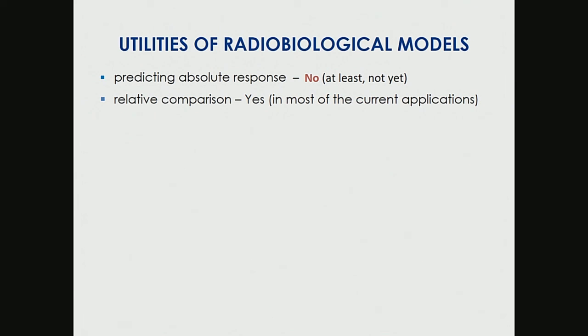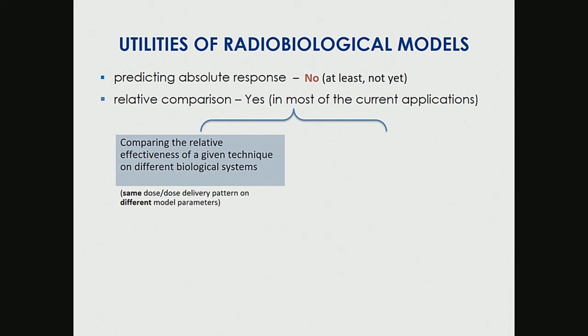On a more general level, you can consider the applications in two groups. In one group, we can use it to compare the relative effectiveness of a given treatment on different biological systems. In this case, the dose delivery is the same and the model parameters are varied.